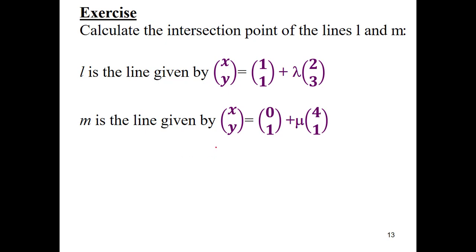If we now have 2 lines in vector notation, then of course we can also find intersection points.